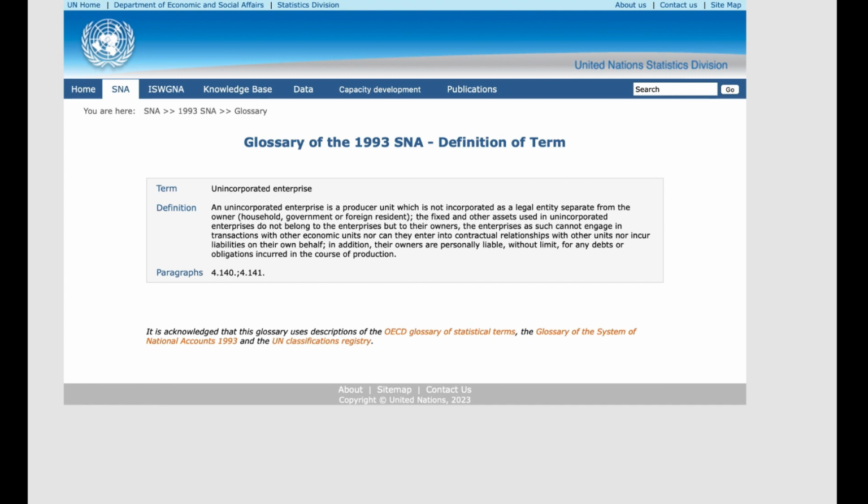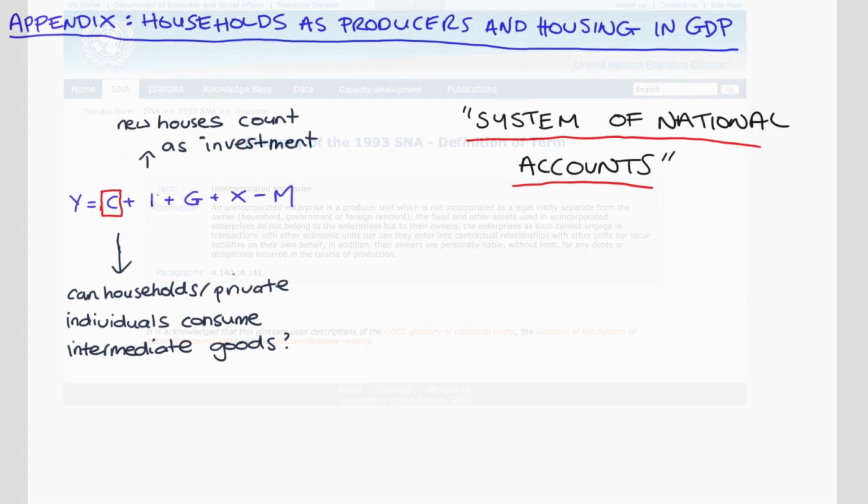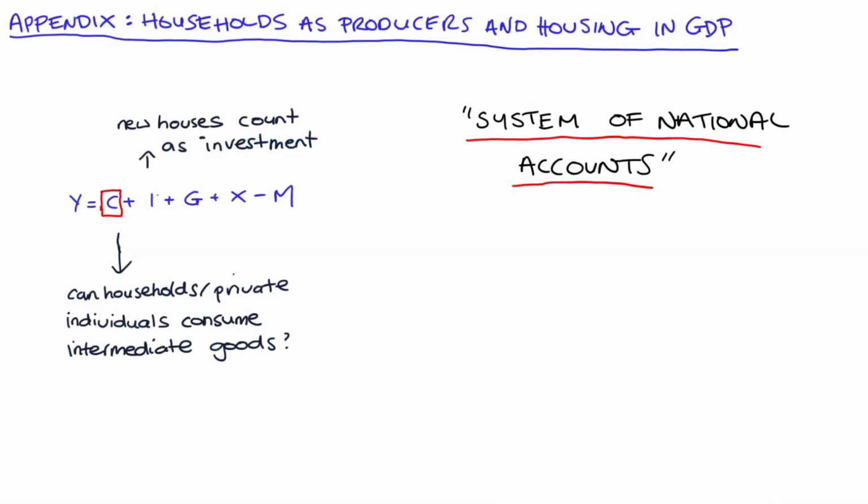There's no company or firm legally, it's just the household. So we've answered our first question, can a household ever consume an intermediate good? Yes, if they are an unincorporated enterprise, they can produce stuff, and through that production, they will consume intermediate goods, goods that they will use in order to produce more stuff.